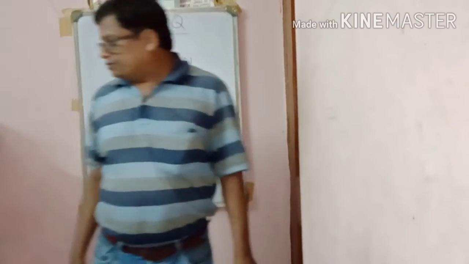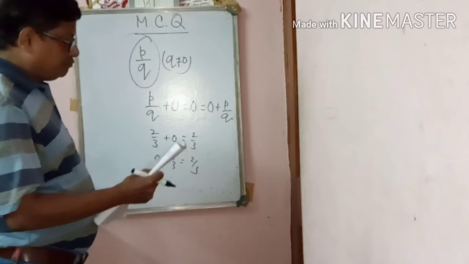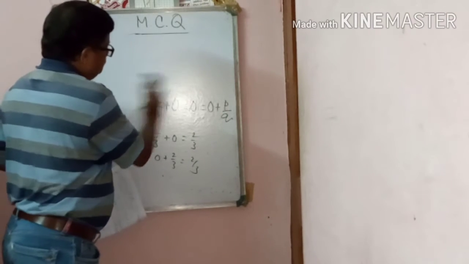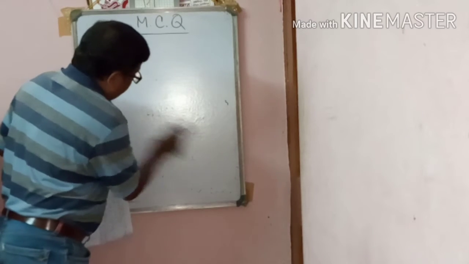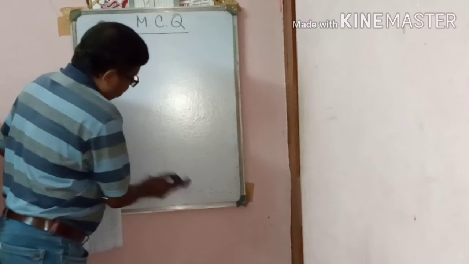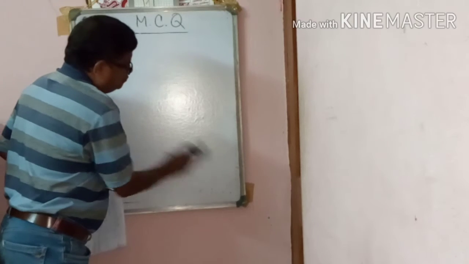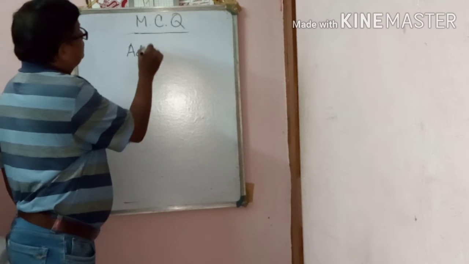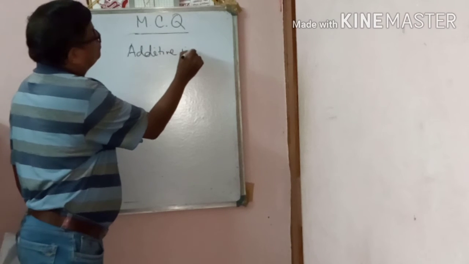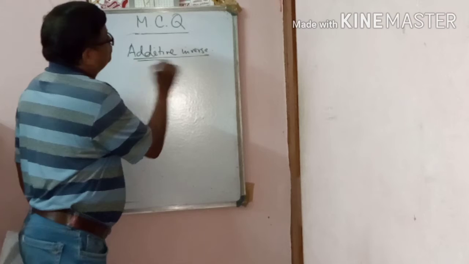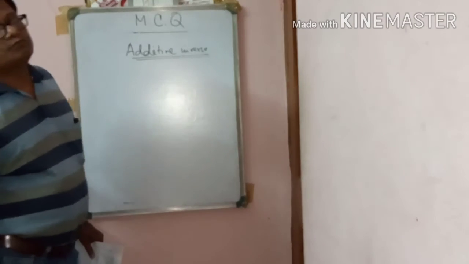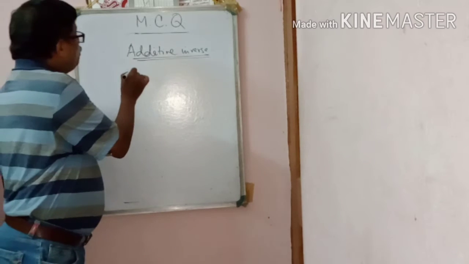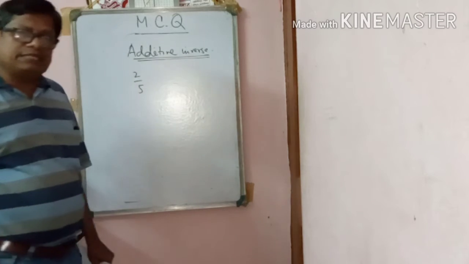Now, additive inverse. Suppose 2 by 5 is a rational number.